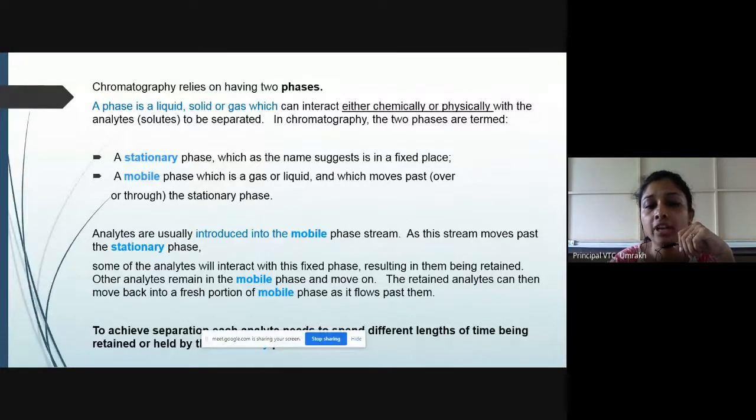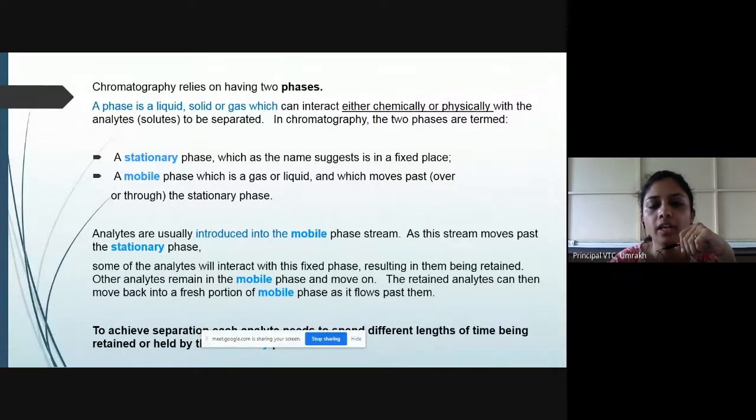Now, some of the analytes will be interacting with the fixed phase, meaning our stationary phase, and will be retained on the stationary phase. While some of the analytes which are not interacting with the stationary phase will interact with the mobile phase and will be moving ahead with it. Retained analytes will be moved further slightly with a fresh portion of mobile phase.